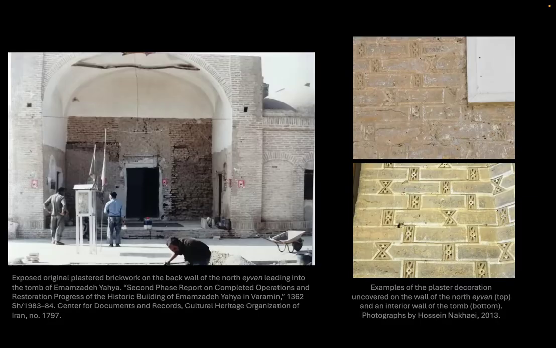The presence of this Ilkhanid style decoration in the area covered by the eyvan supports the idea that the eyvan was part of the original Ilkhanid layout rather than a later addition.